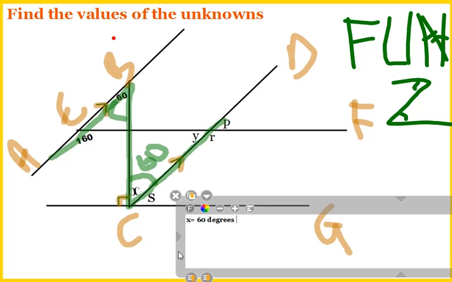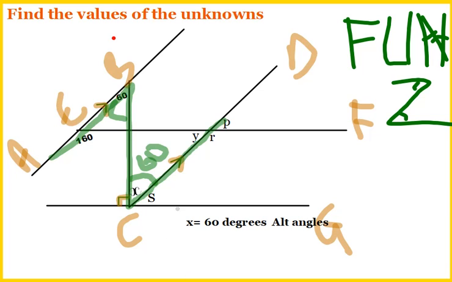I'm just going to write it in words: 60 degrees, alt angles, so alternating angles. So if we have that our angle X is equal to 60 degrees, we then move forward to determine the rest of our unknowns. From the look of things, S will be the easier one to go on with.